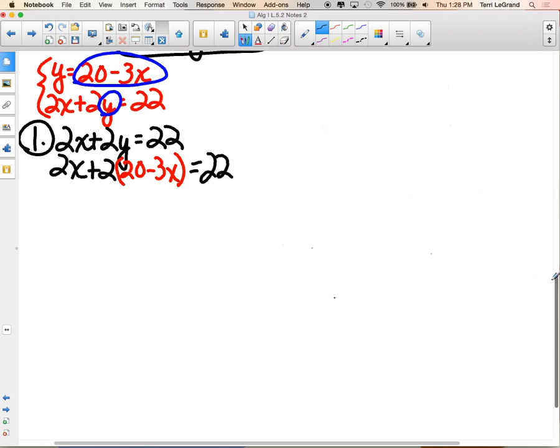So looks like we're solving for which variable first then? X. We're going to get the cost of a used CD first. So go ahead and make that happen.